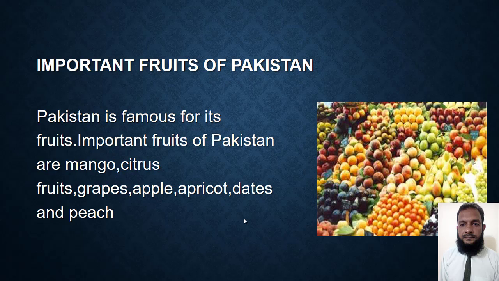Summer season fruits are mangoes, dates, apricot, grapes, peach, etc. And in winter season, Pakistan produces different varieties of citrus fruits. So Pakistan is also famous in the export of fruit to other countries.